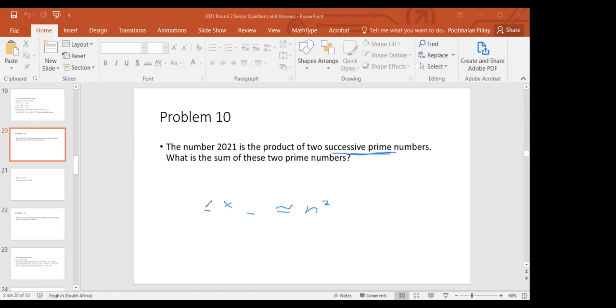So your n squared is approximately 2021. Actually, 2021 is equal to this product, and that's approximately equal to n squared. So now the question is, which number squared is very close to 2021?